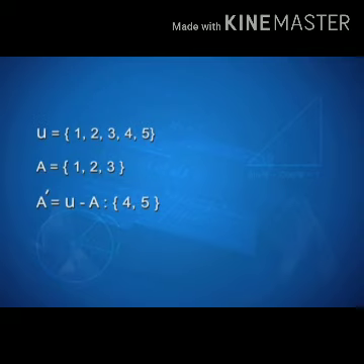All the elements of set A are present in the universal set. But two elements are not contained in set A, that are 4 and 5. These two elements, 4 and 5, are the complement of set A. In a simple method, A complement means universal set minus set A.